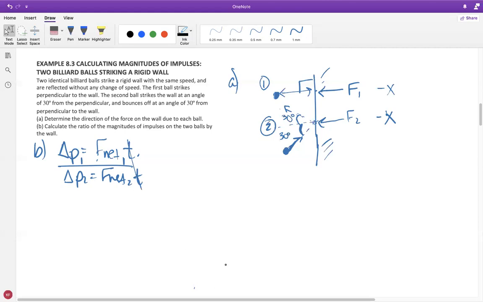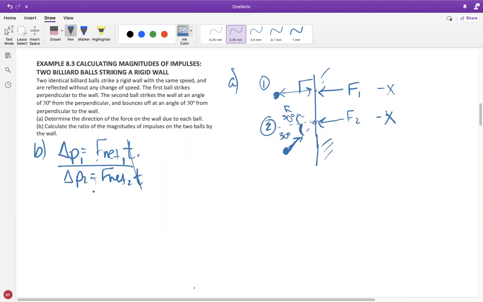So we will need to figure out the impulses of both of them. Okay, so F net 1 and F net 2. All right, so in this case, we can just focus on this side of the impulse equation. We don't really need to worry about the time or calculating the F net exactly.